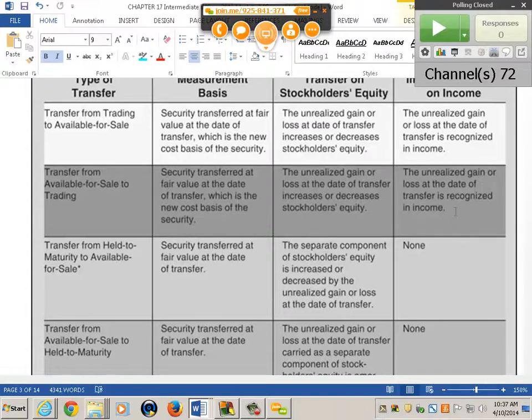So very simply, any transfer to or from the trading portfolio is marked to market, the income statement is hit with a loss or augmented with a gain, and of course, stockholders' equity goes up or down with the transfer to retained earnings. So that's any transfer involving the trading portfolio.